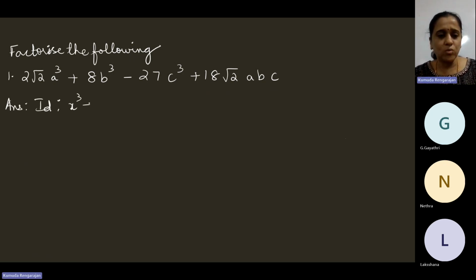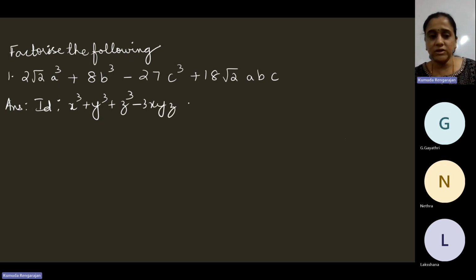x cubed plus y cubed plus z cubed, no, minus 3xyz is equal to. We should not change the signs based on the signs in the question. The signs in the identity are fixed.